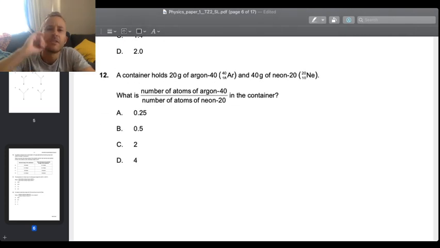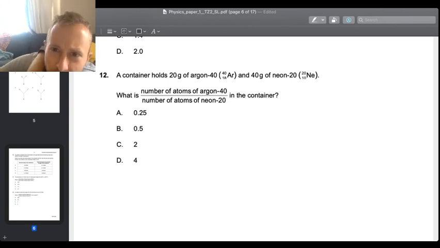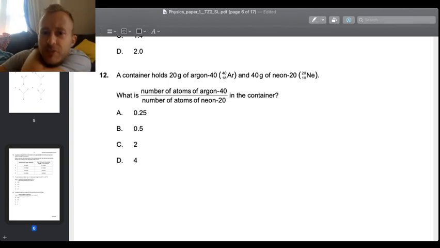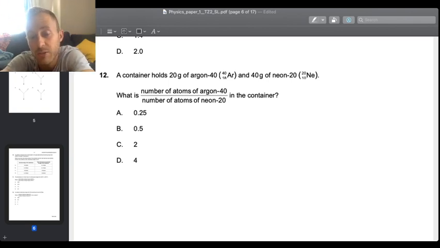Number 12. A container holds 20 grams of argon-40 and 40 grams of neon-20. What is the ratio of number of atoms of argon-40 to neon-20? So a single atom of argon-40 is twice as heavy as neon-20 because it has twice as many nucleons.